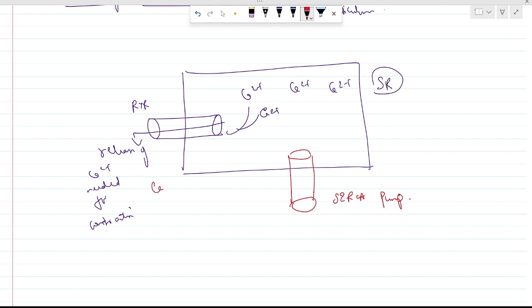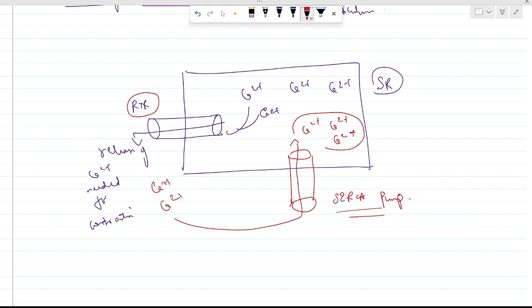All the calcium outside the sarcoplasmic reticulum will get back inside through the SERCA pump. So two pumps are required for mobilization of calcium: the ryanodine receptor for movement out, for contraction, and SERCA for relaxation, to get the calcium back inside.